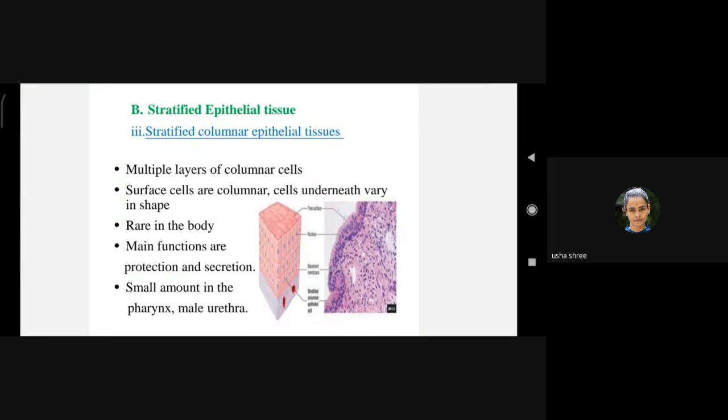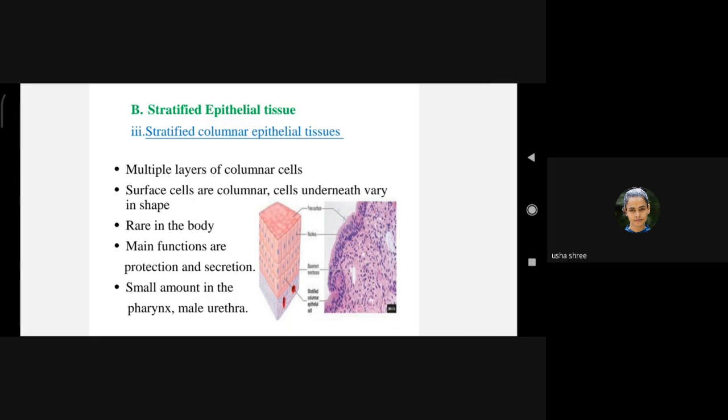So, the surface layer, the uppermost layer will be of columnar cells. And the cells underneath the columnar cells may be of square shape. You can see here in the picture, the uppermost layer is columnar, but the second and third layers are kind of square in shape. They are very rare in the body.